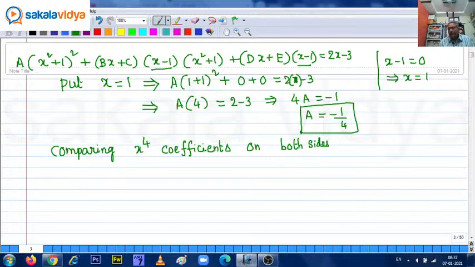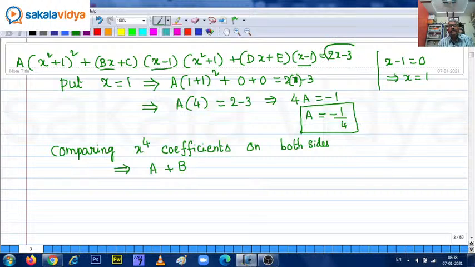Okay, let me explain. See, x square whole square is x to the power of 4 into a. So you will be getting a plus, here see, bx into x, bx square into x square, bx to the power of 4, plus b you will be getting. Here we don't have any x to the power of 4 coefficient.